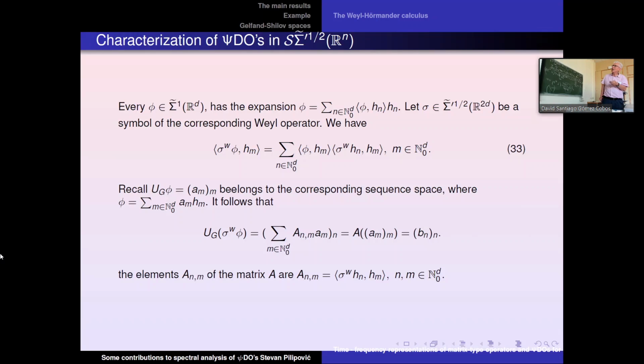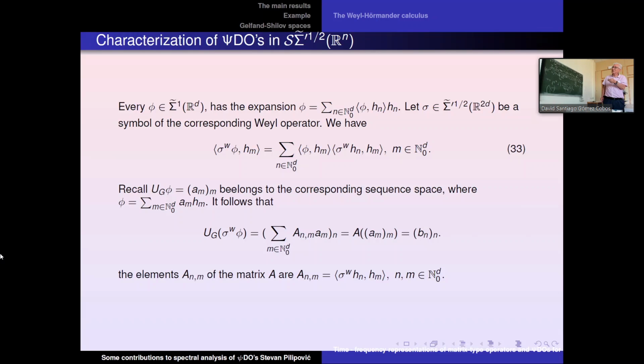This is a mistake. So because I have this development, then I take sigma from that space. Now sigma is a symbol. So sigma is now in, let me say, the biggest class of symbols.